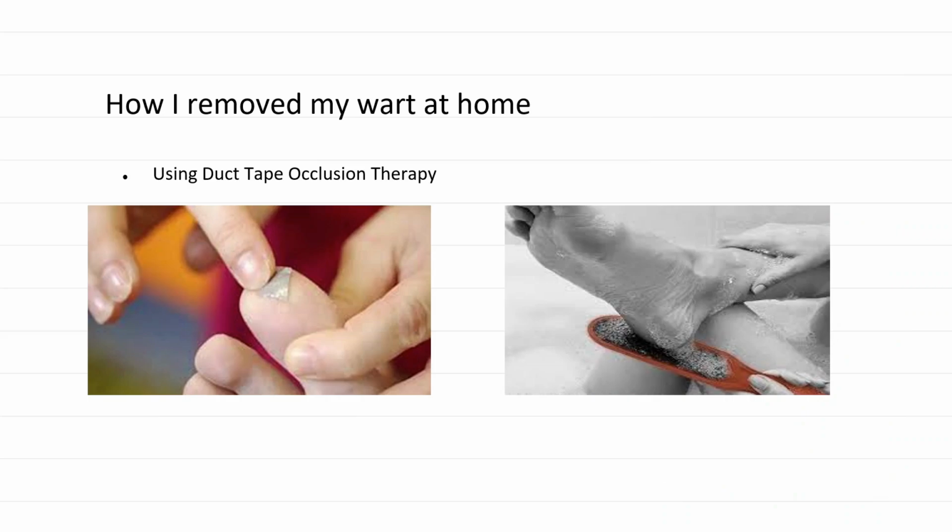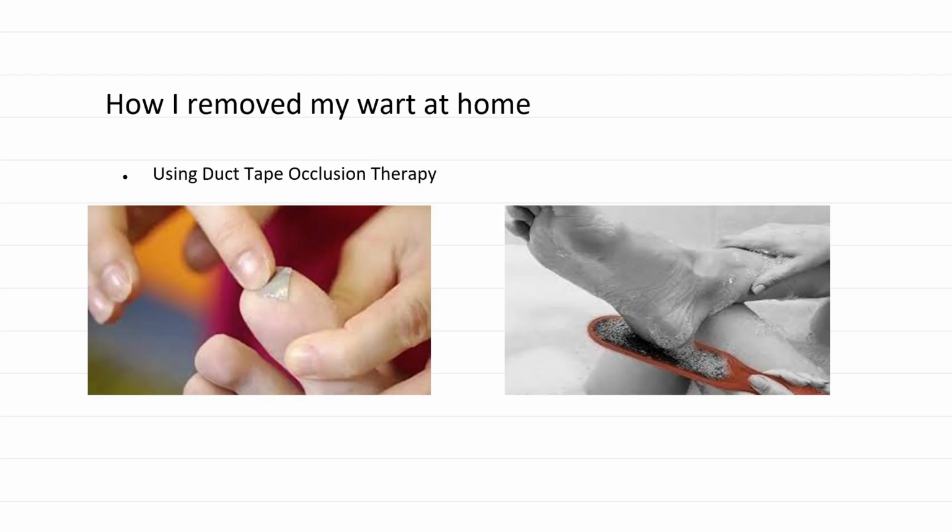Then eventually I will tell you how I personally removed the wart at home. This I did using duct tape. So I purchased a duct tape and I did it on my toes. I had one wart on my toe, so I used the duct tape for like 6 days. I did not remove that particular tape from my toe.